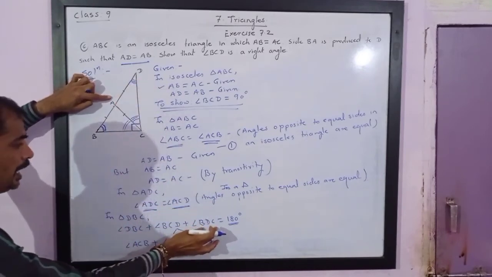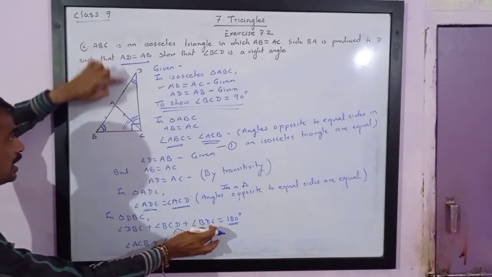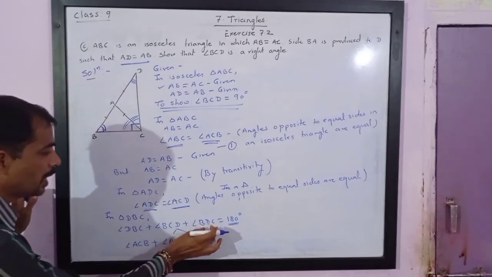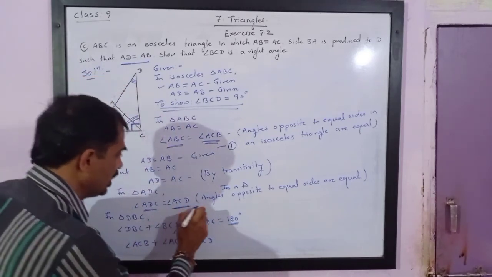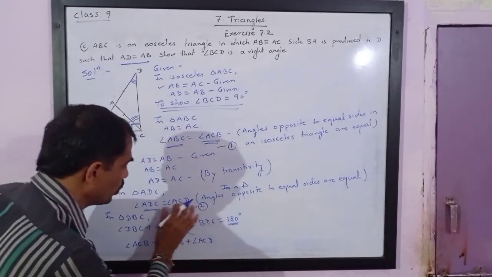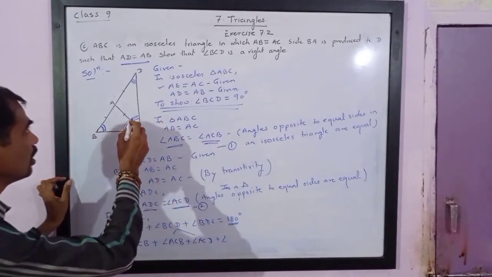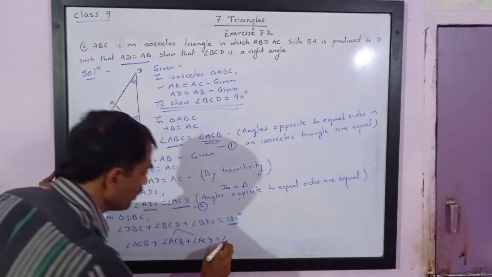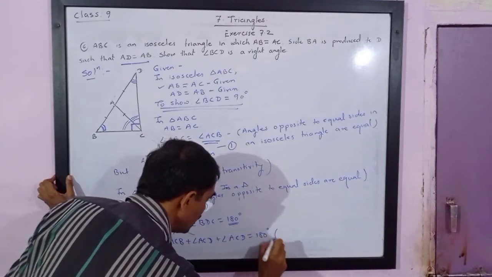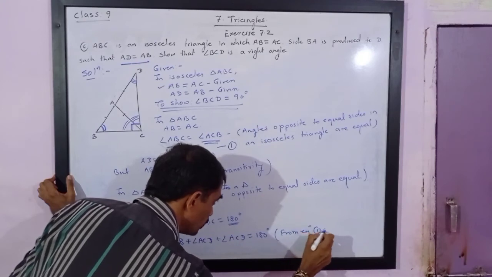Please note, BDC is nothing but ADC, and ADC is equal to ACD. So by changing the name, let us write this as equation number 2. So from equations 1 and 2, I will get this plus angle ACD is equal to 180 degrees.